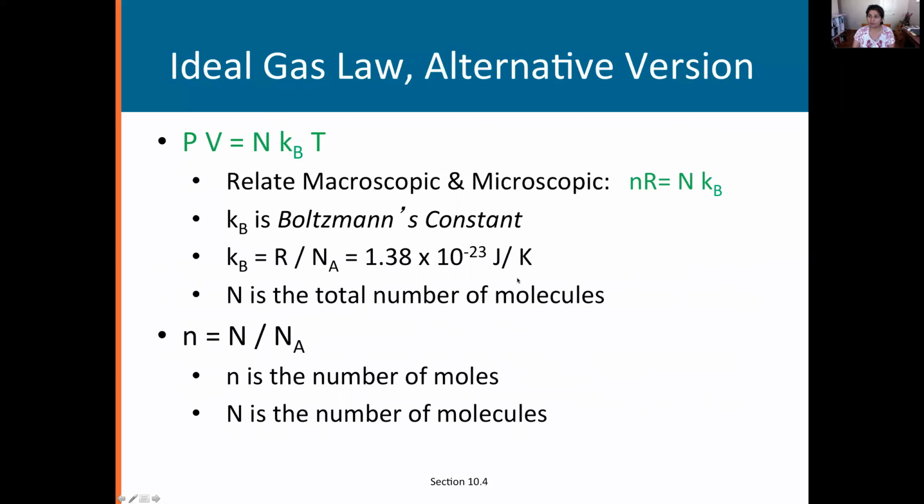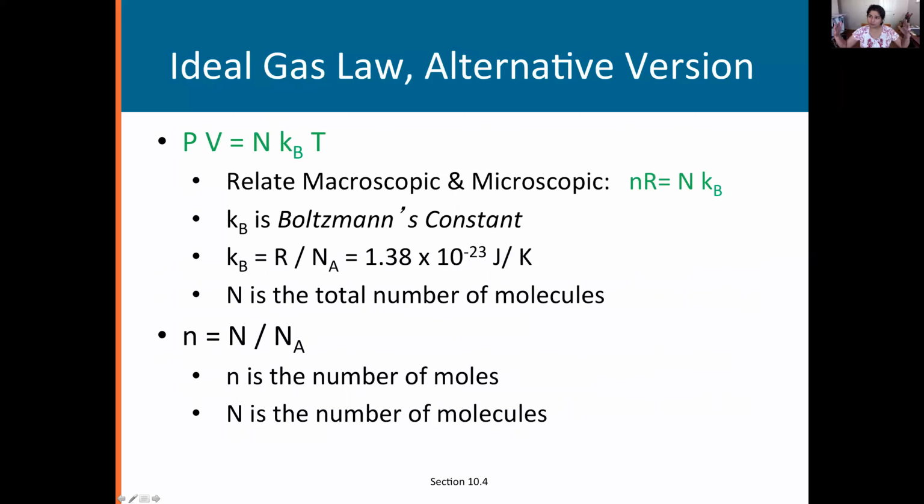So one or the other will be given to you. Either R will be given to you or kB will be given to you. You can always convert between the two using this. If you just compare this expression with PV equals nRT, you will see that nR and uppercase N kB must be equal to each other. The left-hand side here represents large scale.